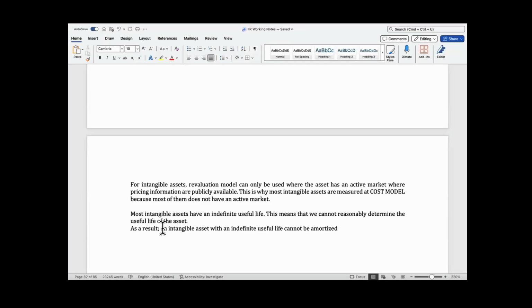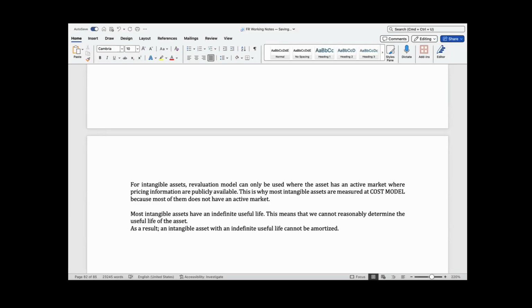Depreciation we use for PPE, but amortization we use for intangible assets. The same meaning, the same principle, everything the same, but they decided to call it amortization in this area.